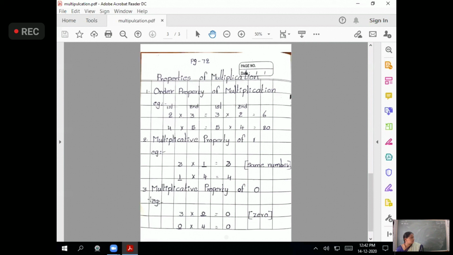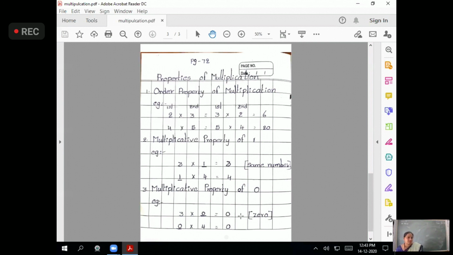Next, third one. Multiplicative property of 0. Multiplicative property of 0 means when we multiply a number with 0, we will get 0 as the answer. Okay. So in the multiplication, if you see 0, automatically the answer will become 0. In the question, if you see 0, the answer also will become 0.